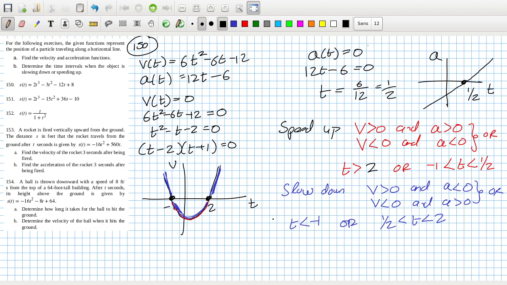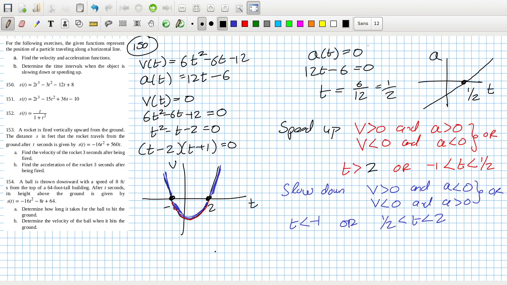That looks better. And let's check the other one. Velocity is positive and acceleration is negative, so it has to be less than a half, so less than minus 1. And then velocity is negative, so between minus 1 and 2, but acceleration is positive, so between a half and 2.